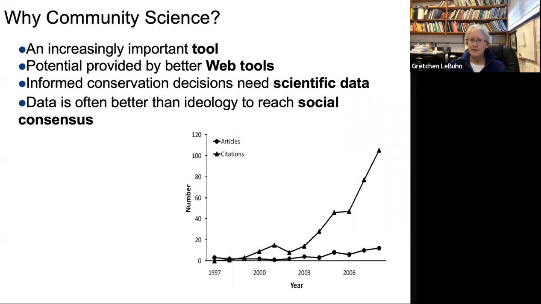The potential of community science really has been dramatically increased by us having better web tools. There's clear recognition from the greater community that if we're going to make informed conservation decisions, we really need scientific data. And I believe that data is really often better than ideology if we're going to come to social consensus around questions of conservation and other difficult issues.